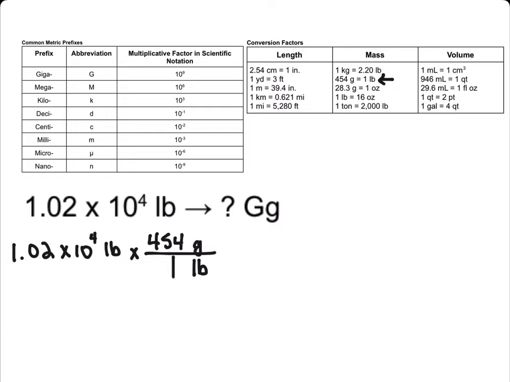I'm still not at gigagram, so I'm going to open up another fraction bar. If grams is in the numerator, then grams has to go in the denominator. I'm going to take a look at my table, and I'm not going to see any relationship between gigagrams and grams because gigagram is a metric prefix. So I'm going to go ahead and make a conversion sentence that I can use in my conversion.